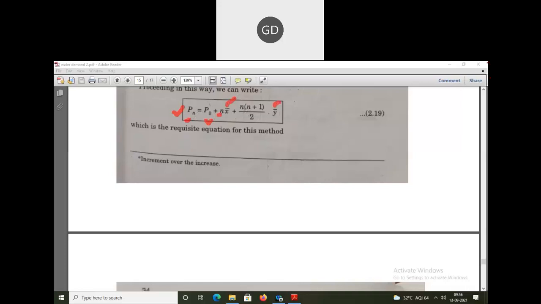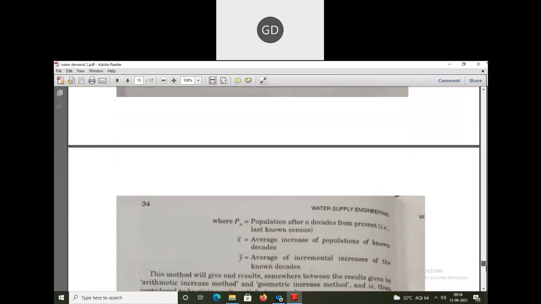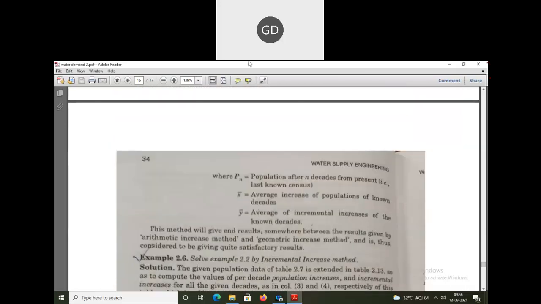These two values we need to find out. Here x bar is the average increase of population of known decades, and y bar is the average of incremental increase of the known decades. You will understand these two meanings after you solve the problem. Then I will explain what x bar and y bar are.